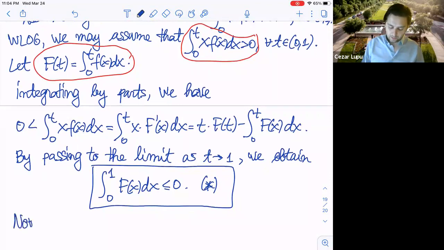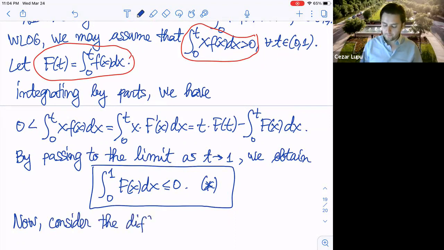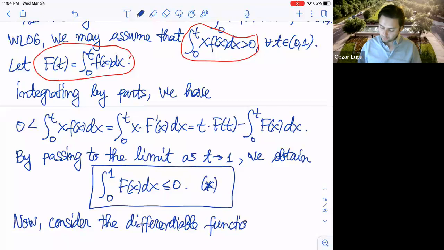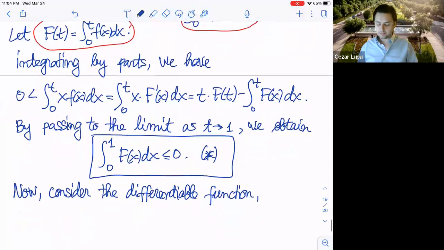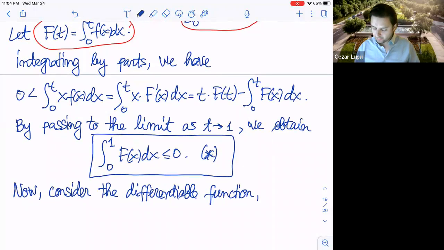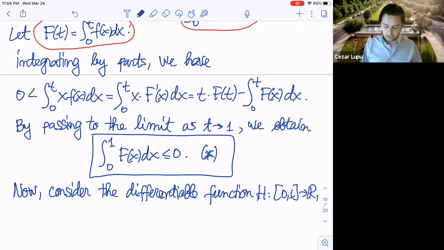So now we consider the following function. Consider the differentiable function, let's call this capital H, from 0 to 1 and real valued. It will be a piecewise function.